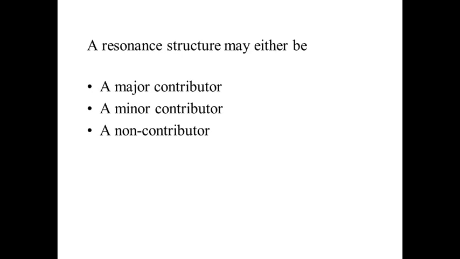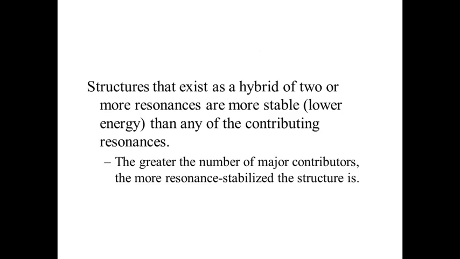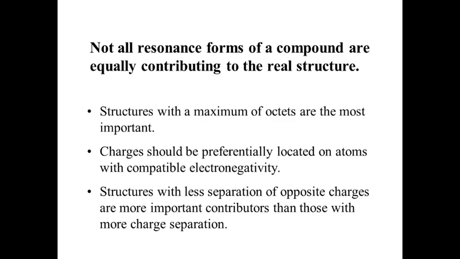But I'm going to show you an example of a pair of resonance structures where one totally doesn't make sense. Not all possible resonance structures are contributors. This is kind of like the rhino between the two mythical creatures.